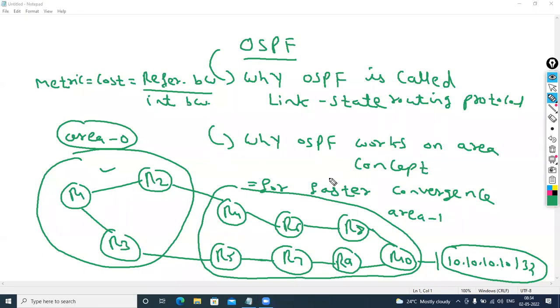So, faster convergence. It will not divide the networks' information; even R1, R2, and R3 will have the full map of your network. We'll learn how ABR works and how ASBR works. So why does OSPF work on the area concept? Because of faster convergence. Clear?